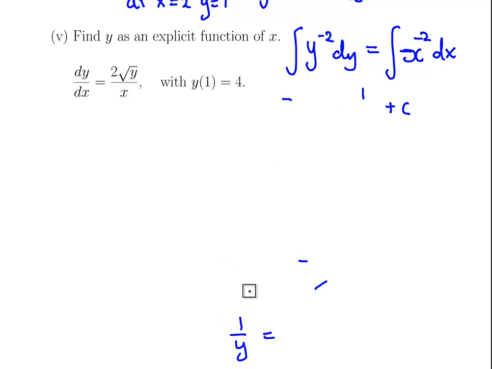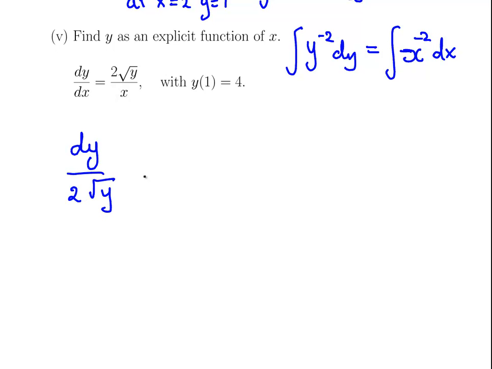So, dy over dx equals 2 times the square root of y over x. Okay, so let's just rewrite that. I'm going to get straight into this one. Dy over 2 root y is equal to dx over x.